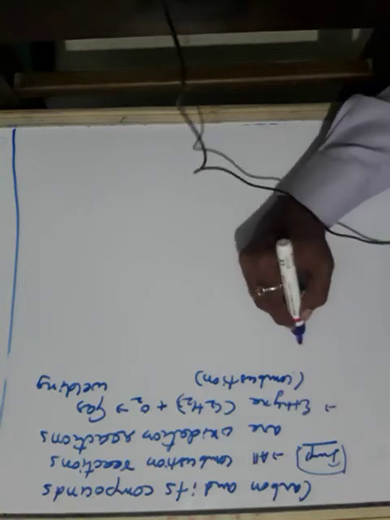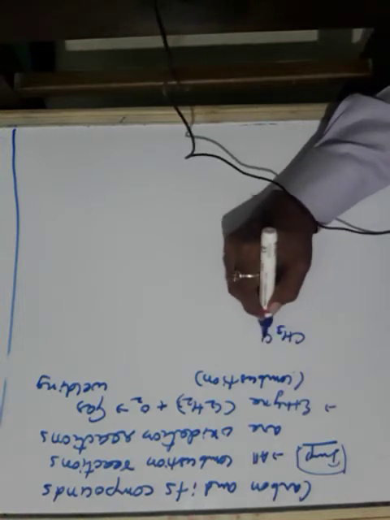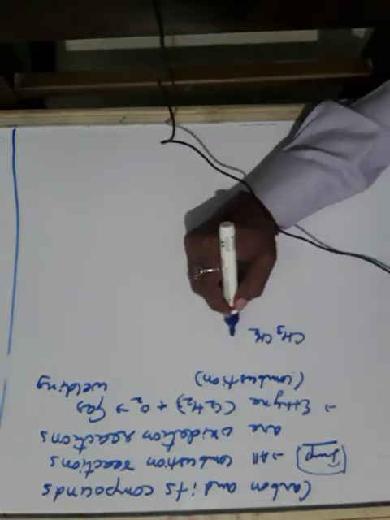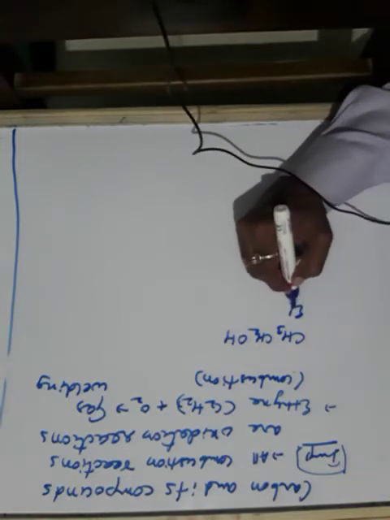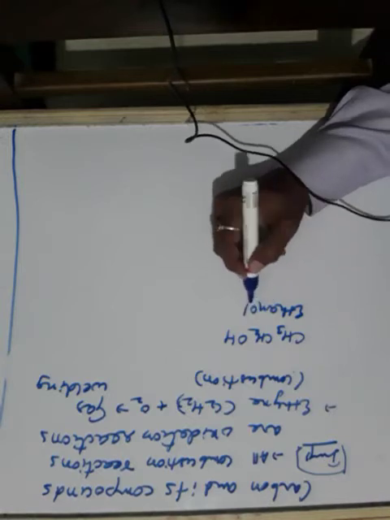Okay, this is CH3CH2OH, ethyl alcohol. This is called ethanol or ethyl alcohol.